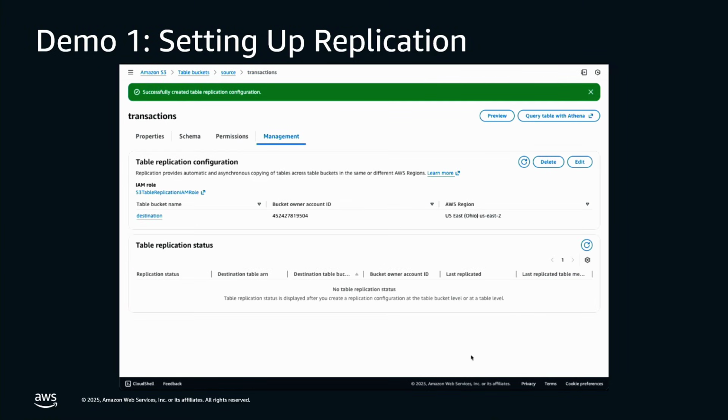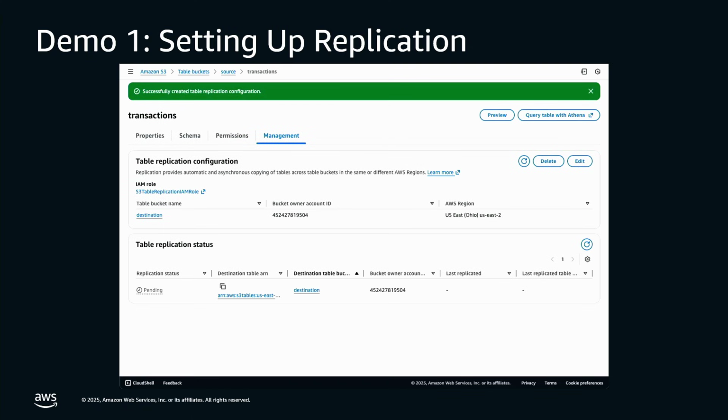Now we have already created it, and we see an updated management tab, which contains the parameters that we have just set. And if we press the refresh button, it will show us the pending status. Pending status means that there is an ongoing replication happening right now. What exactly does that entail? The first one is that the replica table will be created in the destination table bucket we specified.